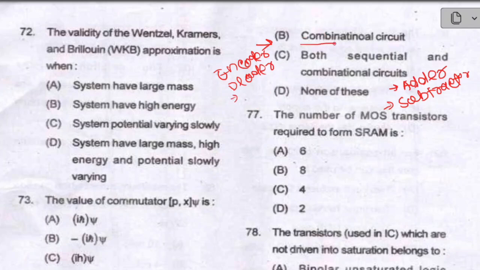All are examples of combinational circuits in which the present output depends on the present input only, and there is no feedback or memory element.